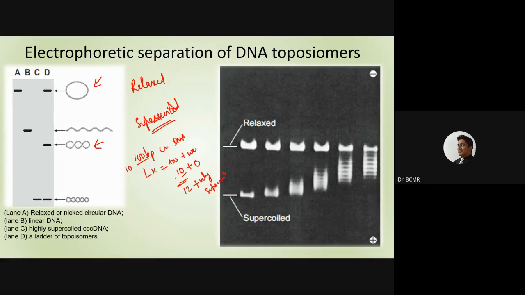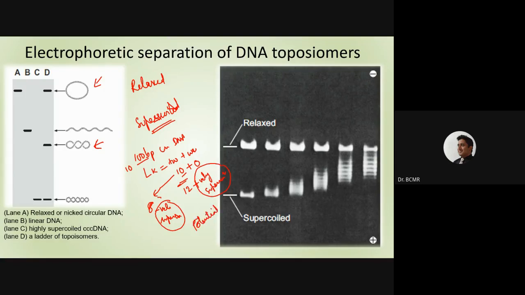If I reduce this to, say, 8 twists, I am unwinding it, and then it is negatively supercoiled. Both negative supercoiling as well as positive supercoiling are a kind of potential energy.